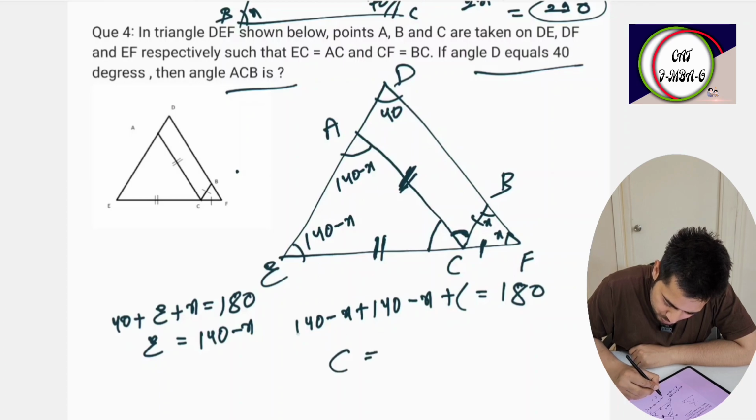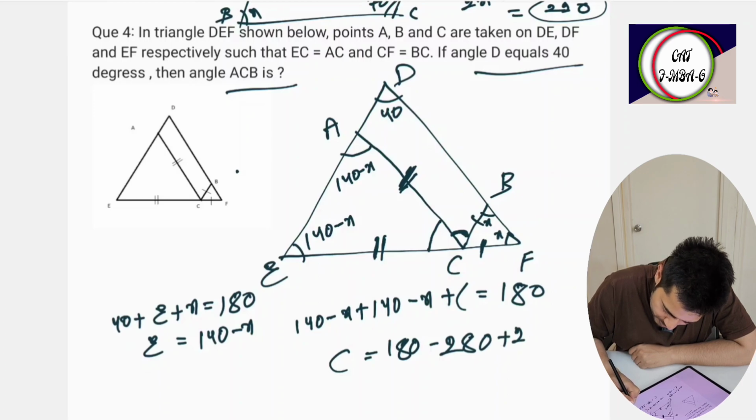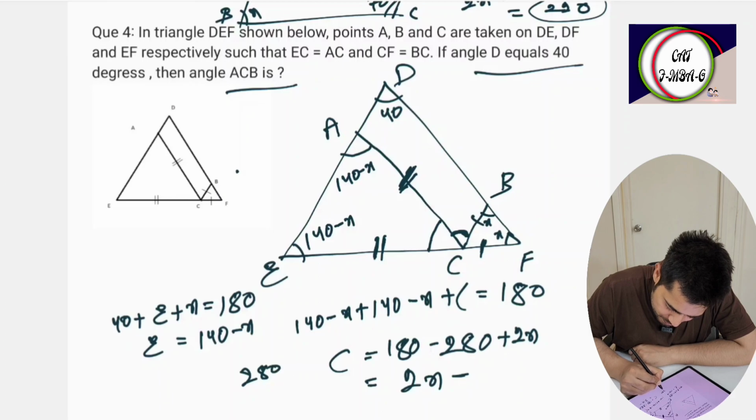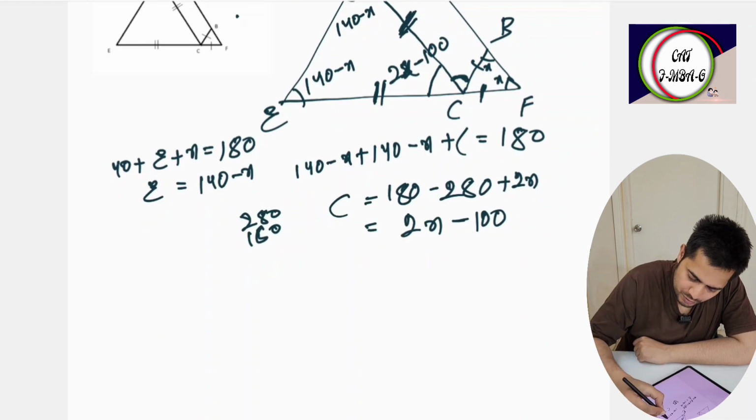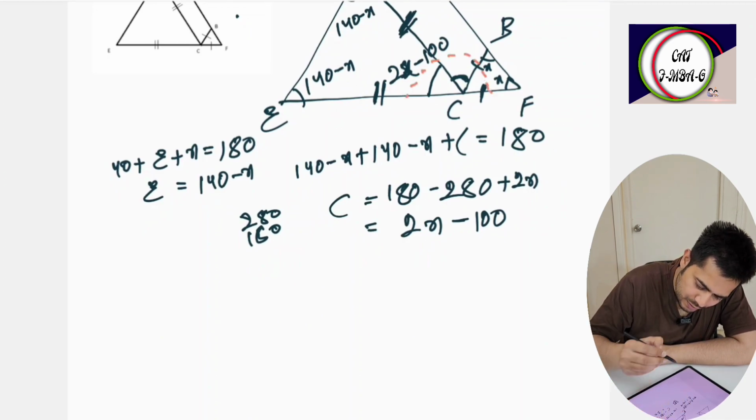So C is equal to 180 minus 2 into 140, which is 280, minus 180 plus 2x, so C is 2x minus 100. Also, this whole is equal to 180 degrees.